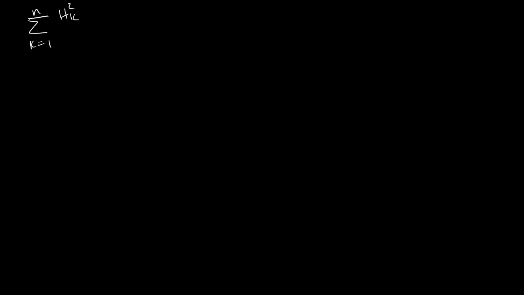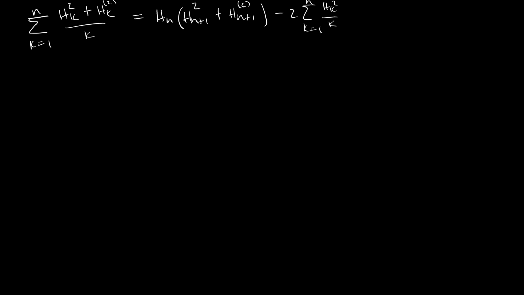We have the sum of h_k squared plus h_k squared over k equals h_{n+1} squared plus h_{n+1} squared minus 2 times the sum from k equals 1 to n of h_k squared over k minus h_k over k squared, and then we'll have 2 h_{n+1} squared over n+1 plus 2 h_{n+1} over (n+1) squared.